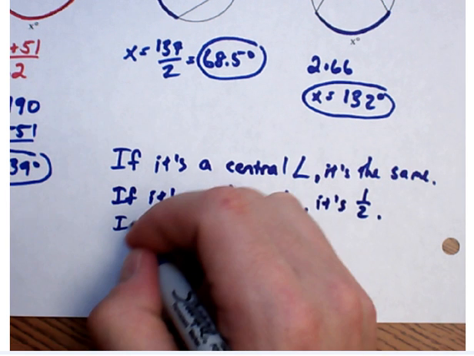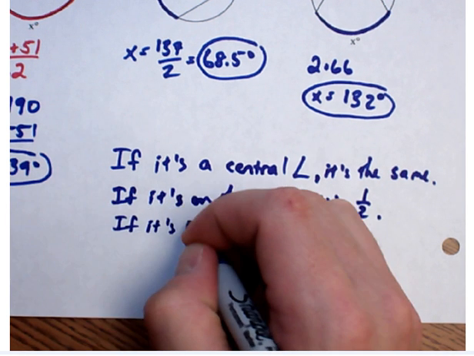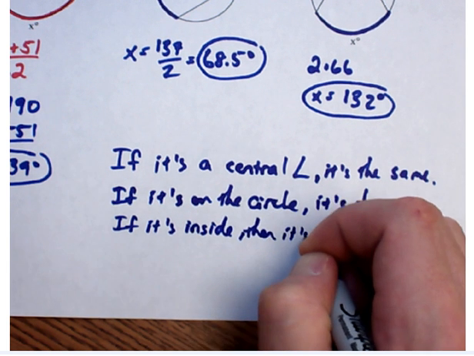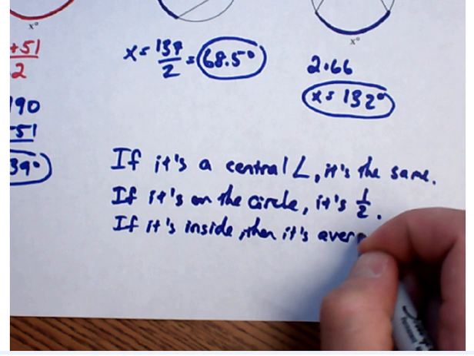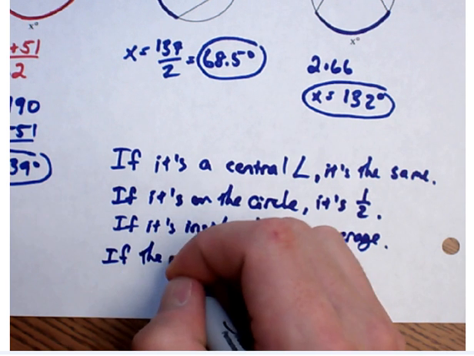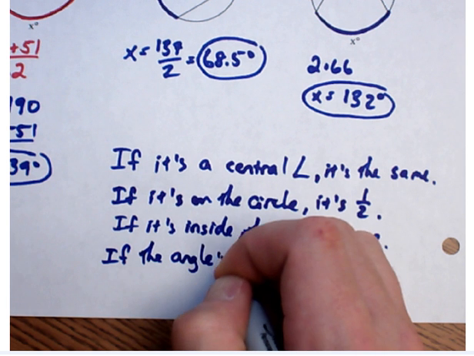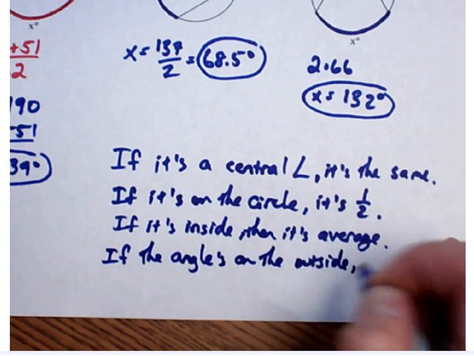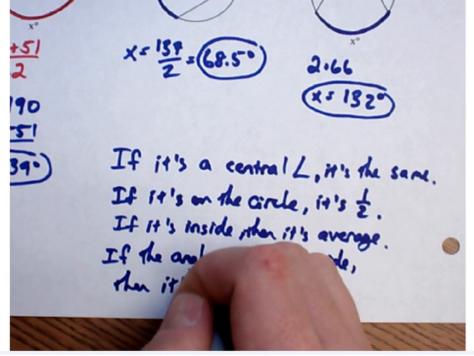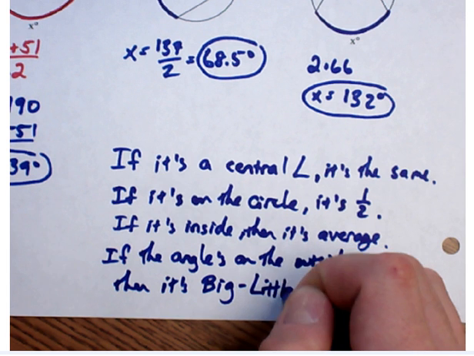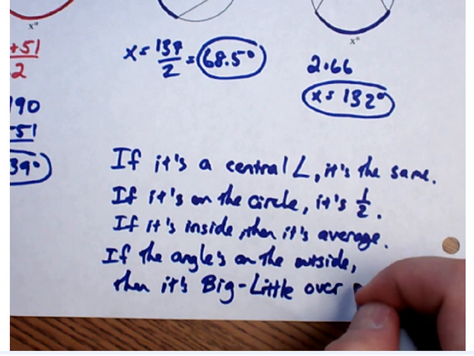If it's inside, then it's average. If the angle's on the outside, then it's big minus little over 2.